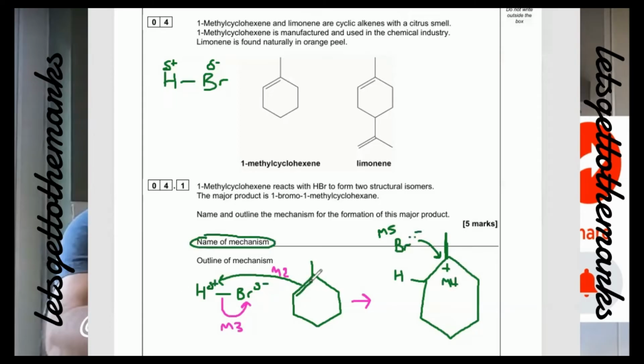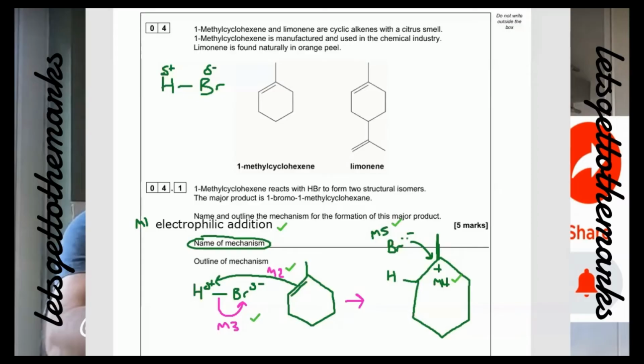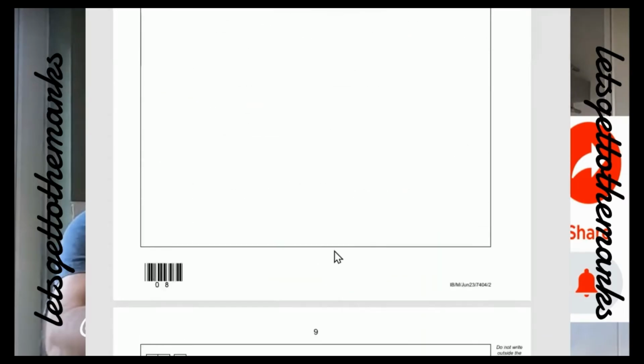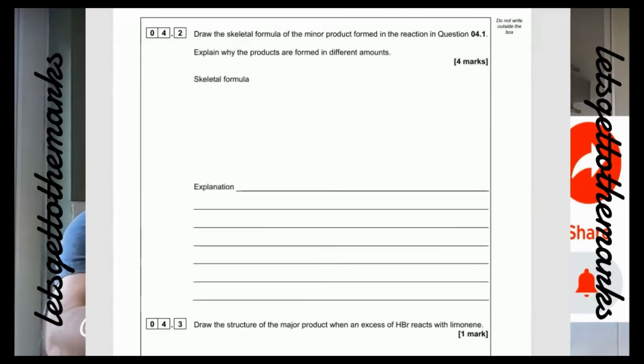And so we're going to look at the name of the mechanism. Well, because originally our delta positive hydrogen attacked this region of electron density, the double bond, this is electrophilic, and it's addition because the molecule is gaining atoms overall. Its mass is increasing, and that's going to get you the 5 marks, one for the positive carbon, one for the bromine with the lone pair and the negative charge. Okay, and one for the name of the mechanism.